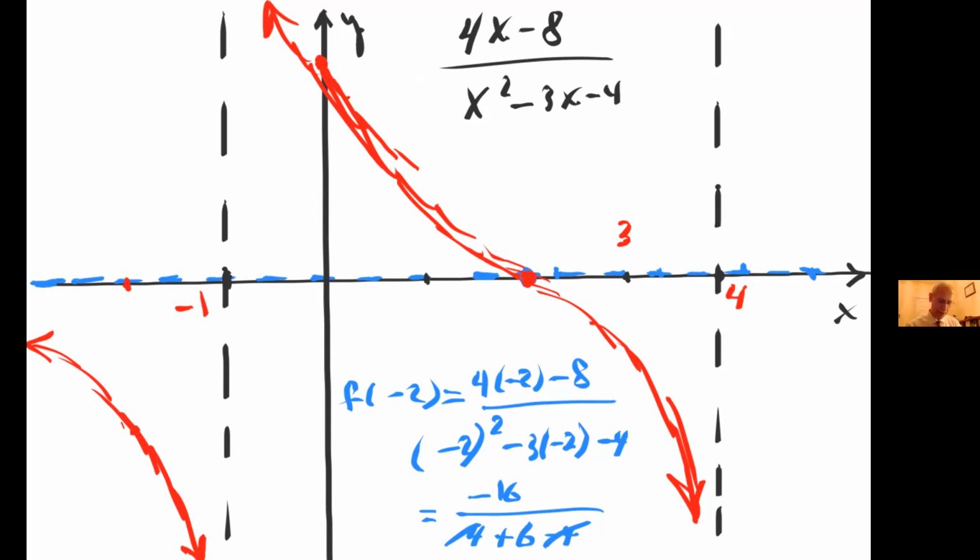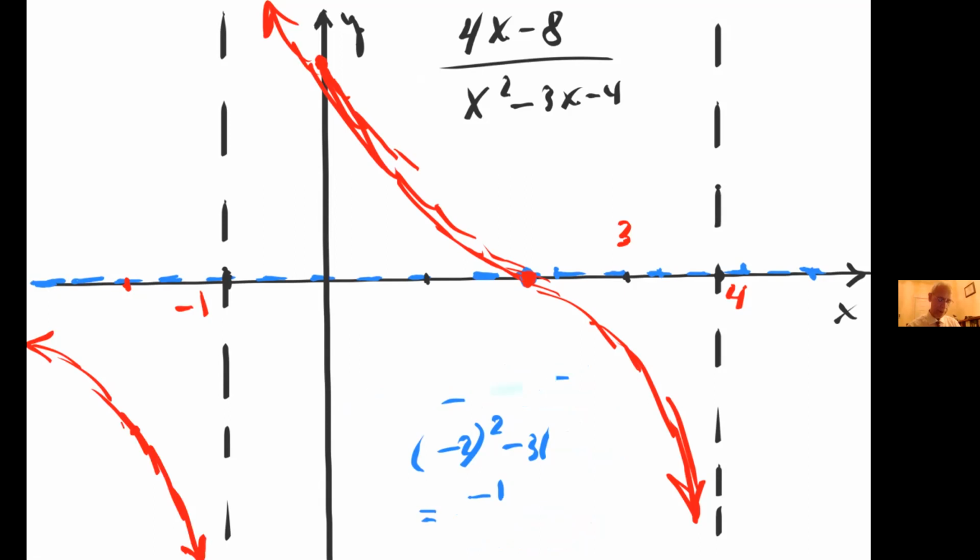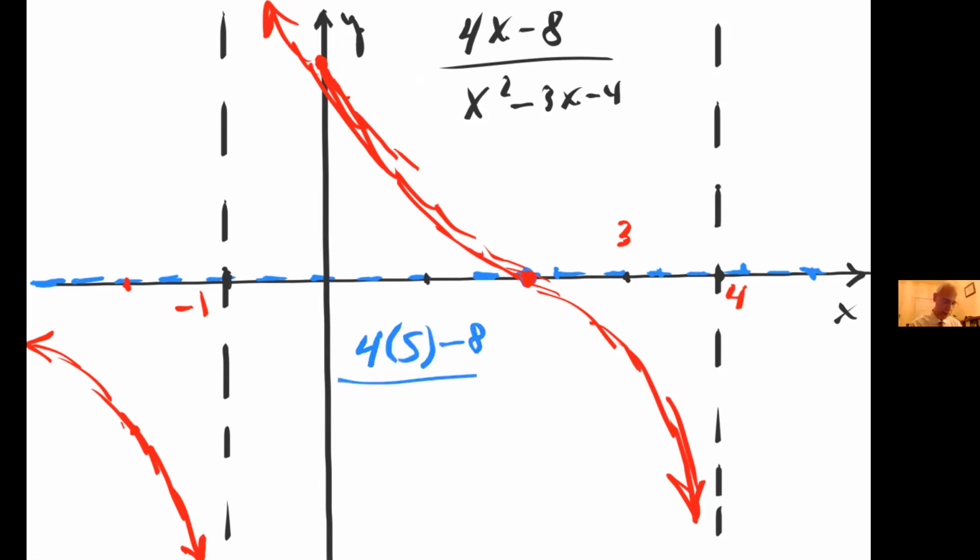How about to the right of 4? To the right of 4, let's pick a number. How about 5? If I plug in 5 in my original function, then I get 4 times 5 minus 8 over 5 to the second minus 3 times 5 minus 4.